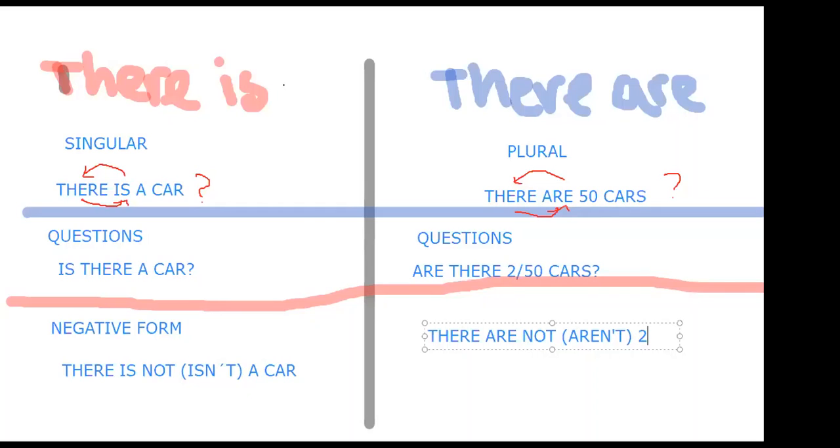There aren't 2 cars. Please repeat. There aren't 2 cars. Remember the S in cars. We're talking in plural. There aren't 2 cars.